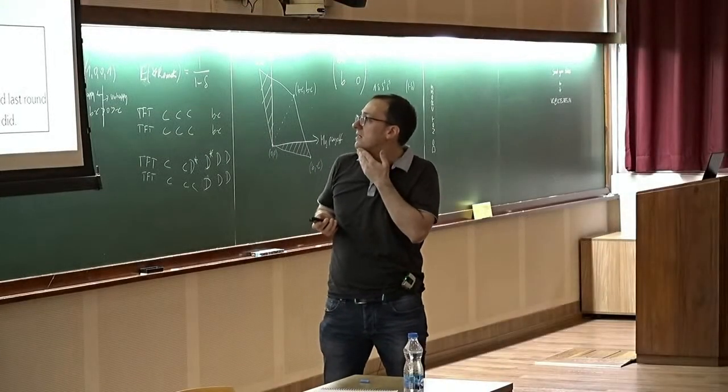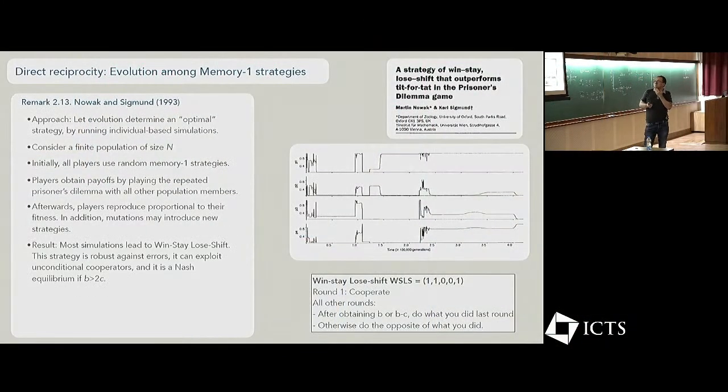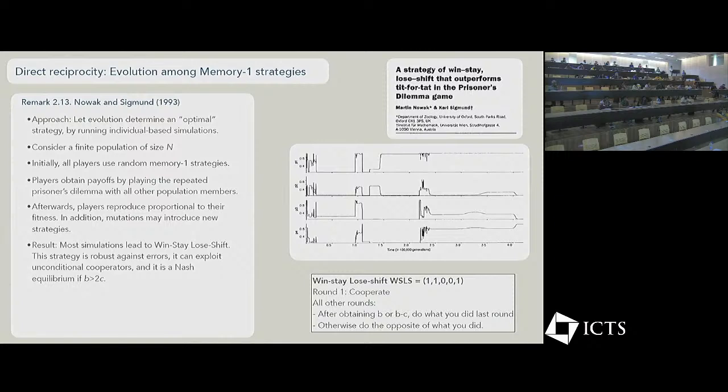All right. By the way, there's one more condition that I need to tell you. Win-stay, lose-shift is not stable for all possible B's and C's. It needs to be the case that the benefit is at least twice the cost. Otherwise, it won't be subgame perfect. All right, this is not important.